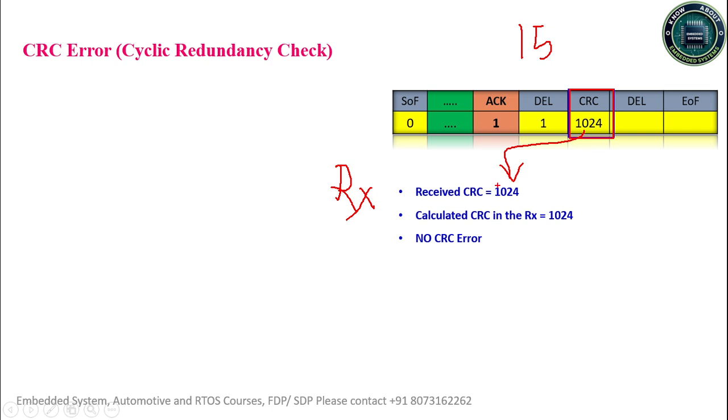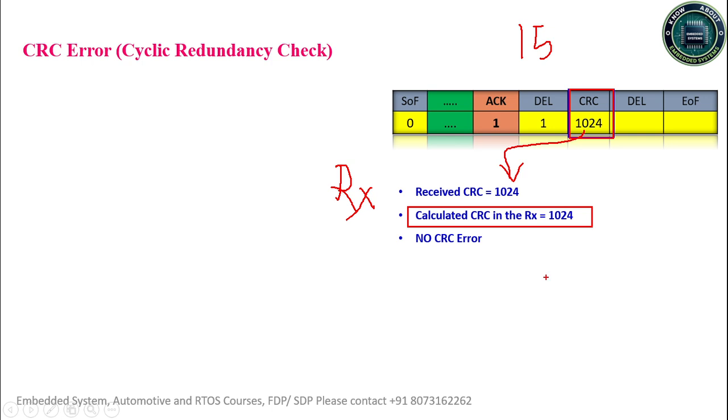There will also be a mechanism to calculate the CRC separately in the receiver. So two things we have to consider: the received CRC from the frame, and the calculated CRC in the receiver. Separate logic is there to calculate the CRC on the receiver side.